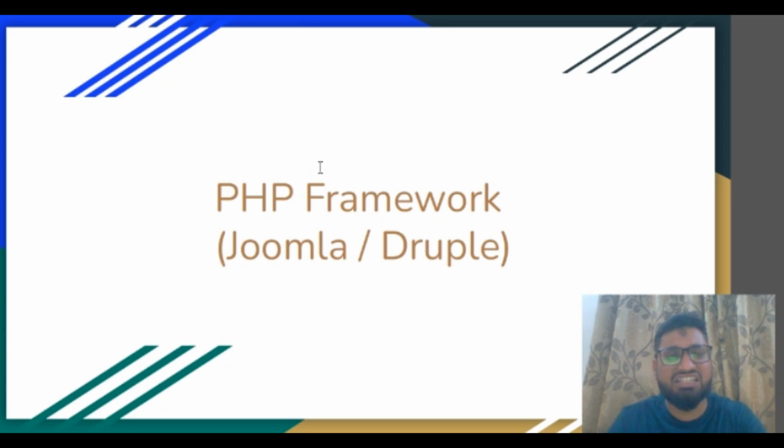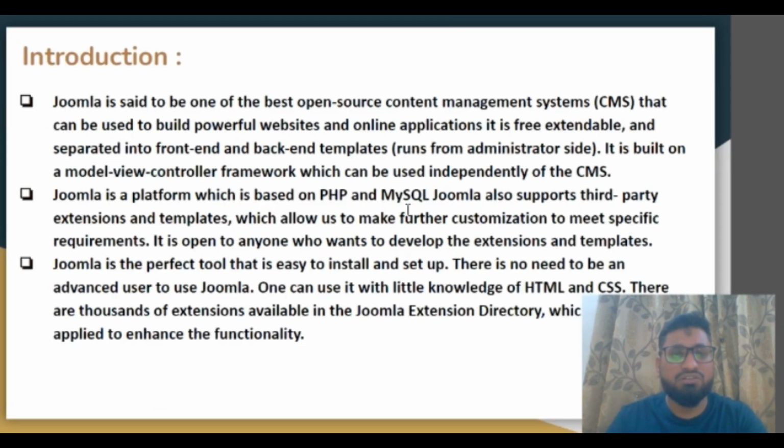We are with the last chapter of the Advanced PHP lecture series, that is chapter number 6, PHP framework by using Joomla or Drupal. So, for the introduction of Joomla: Joomla is said to be one of the best open source content management systems (CMS) that can be used to build powerful websites and online applications.